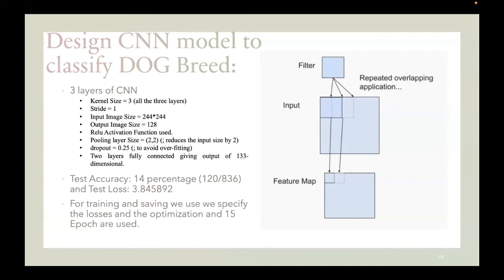There are two fully connected layers at the bottom. They give a 133-dimensional output. The test accuracy obtained was 14% with a test loss of 3.845892 after running the model for 15 epochs.